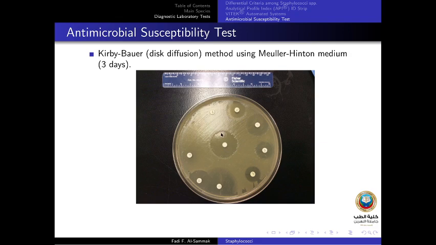So the next day it will be identification of the isolate, and then we put the antimicrobial discs accordingly. Because for certain microorganisms we use a certain set of antimicrobials to test for resistance.